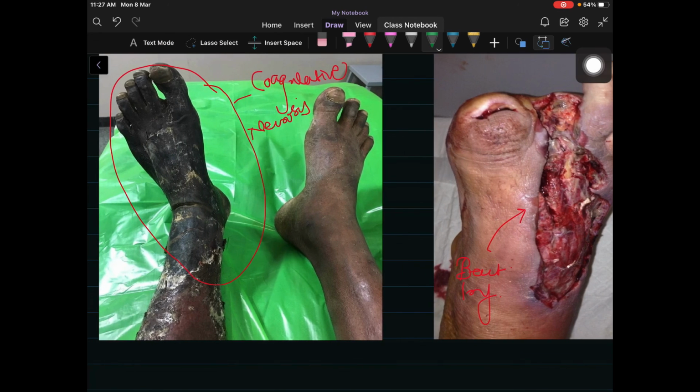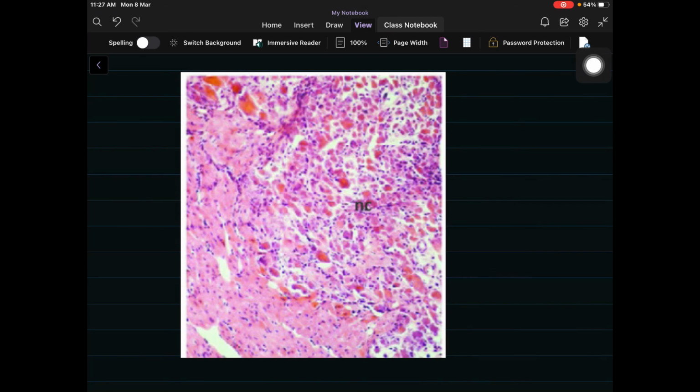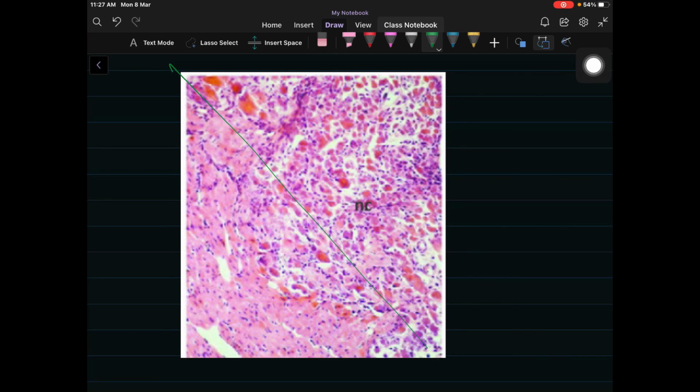Let's check out the pictorial representation of Zenker's degeneration. As we discussed, Zenker's degeneration is a type of coagulative necrosis. So same as the coagulative necrosis, we can see the ghost cell appearance, because Zenker's degeneration is also a type of coagulative necrosis.